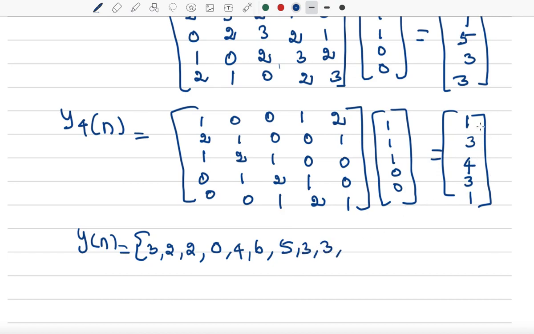The last sequence also, discarding the previous m minus 1 terms, that is 1 3, we are discarding, so the remaining terms 4 3 and 1. So this is the output for a long data sequence. By this overlap save method we can find the convolution of a long data sequence.